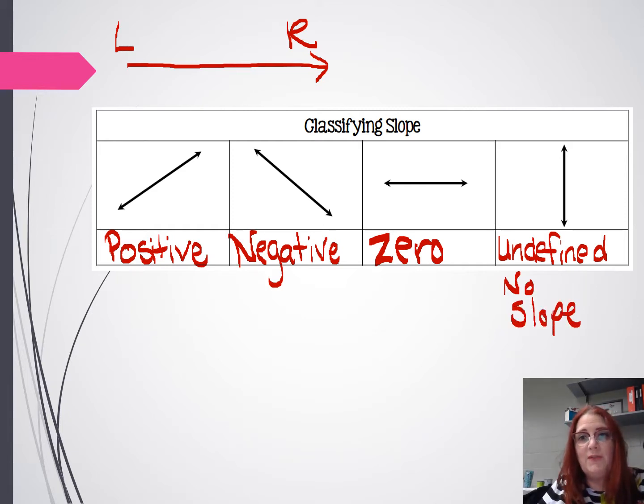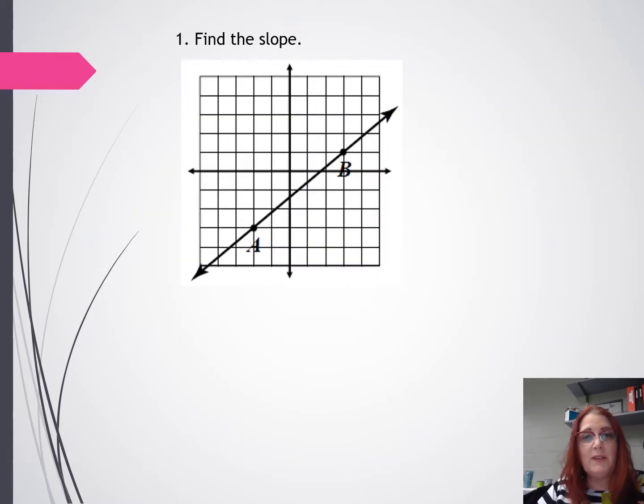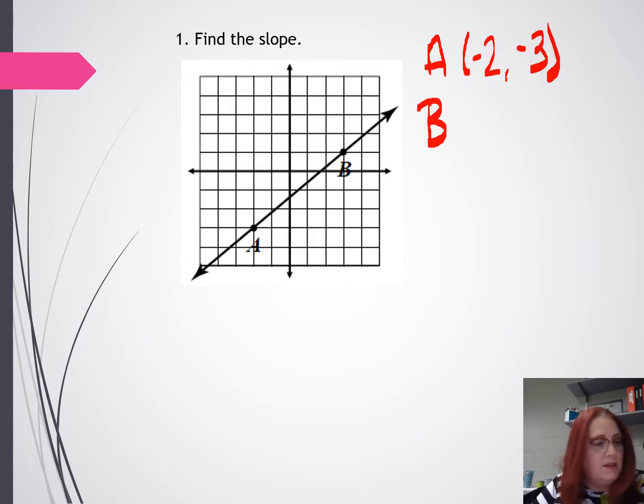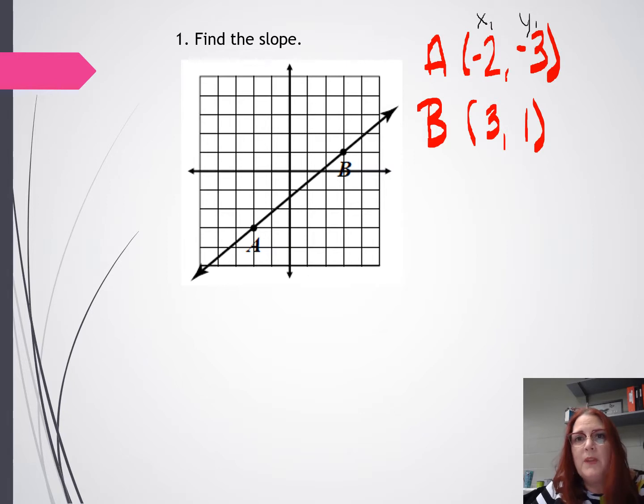Let's go ahead and try to find some slopes now. Let's find what these points are. Point A is -2, -3. Point B is 3, 1. I'm going to designate my A as x1, y1, and my B as x2, y2, and put those into the formula that I've been working with.